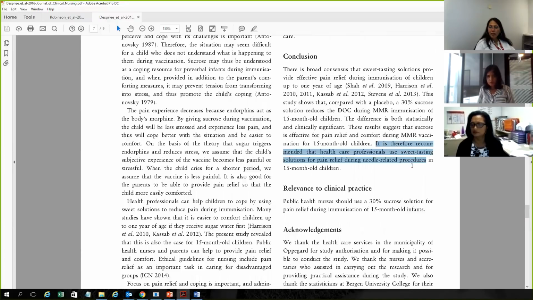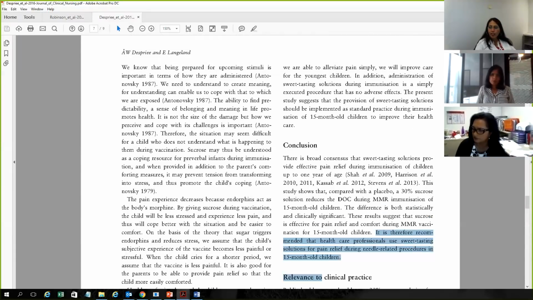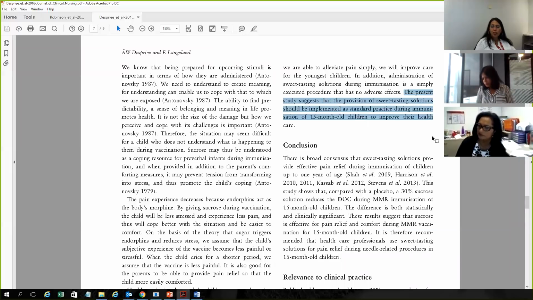It is therefore recommended that healthcare professionals use sweet tasting solutions for pain relief during needle-related procedures. So that's a recommendation. And also the end of the discussion, the study suggests that the provision of sweet tasting solutions should be implemented as a standard practice during immunization. Would that be considered the recommendation, Sheeta and Rona? Yes, that is. Thank you.